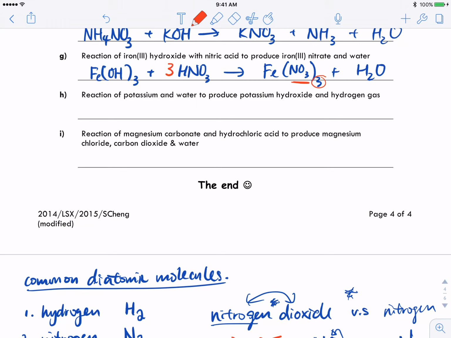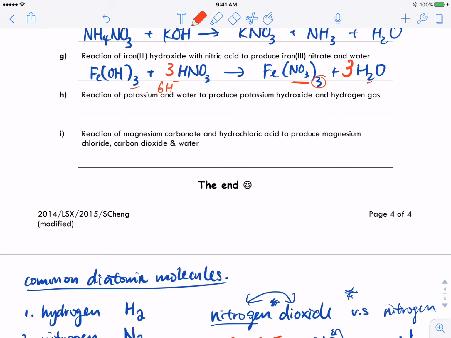Then I have 3 hydroxide on the left hand side. Iron is balanced already, so let's try balancing the difficult ones. Hydrogen is slightly easier than oxygen, so let's balance hydrogen first. There are 6 hydrogen in total on the left hand side, and on the right hand side, I have 2. So let me balance it by putting a 3 here.